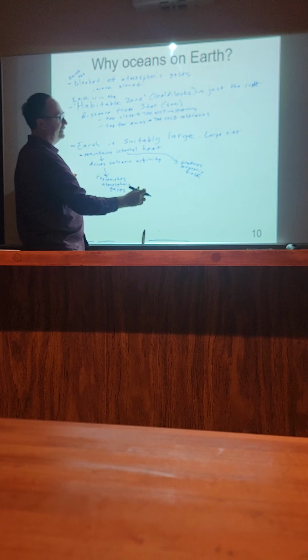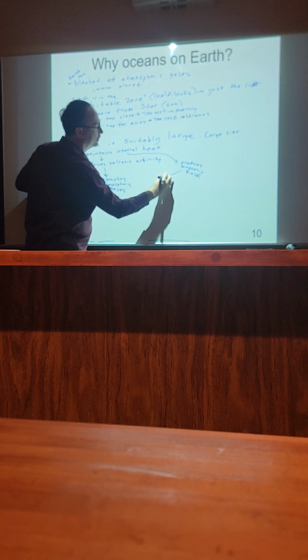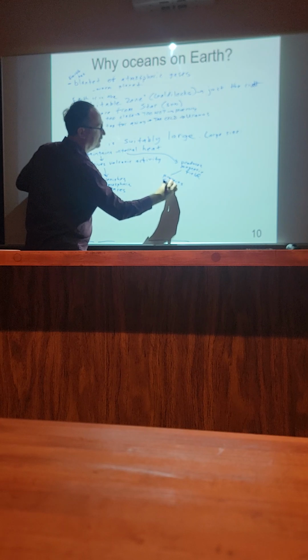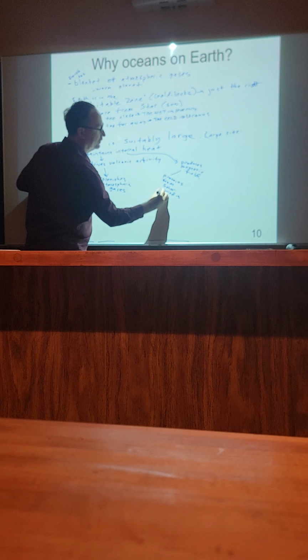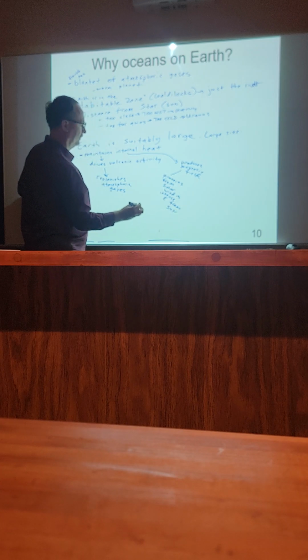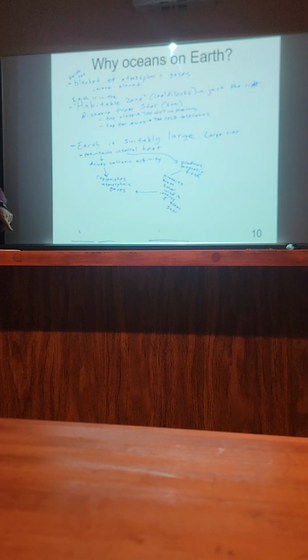Without this magnetic field, that intense energy from the sun, the solar wind, would strip things away. So the magnetic field doesn't replenish the atmospheric gases, but it maintains them. It protects them from being stripped away.